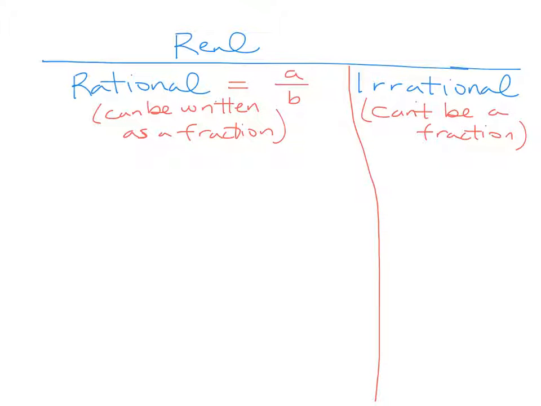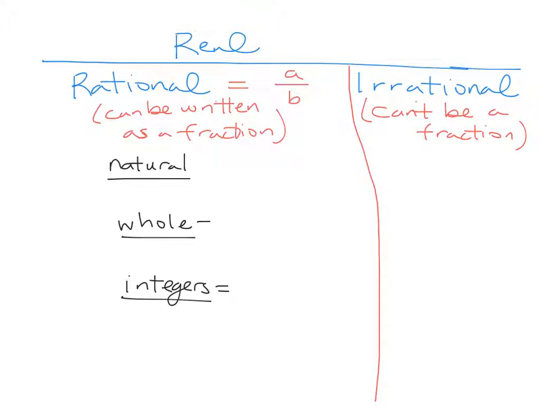So there are the natural numbers, there are whole numbers, and there are integers. Okay? Does anyone know what any of those are?